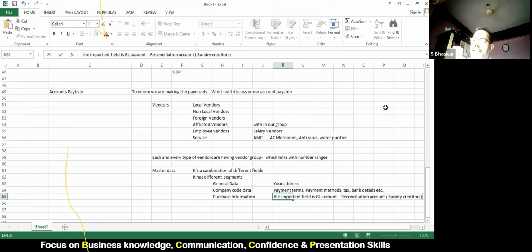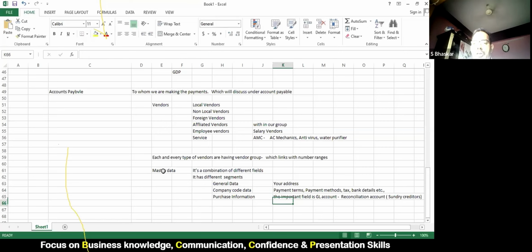Since you are giving this sundry creditors account at your vendor master, whenever you do any transactions with the specific vendor master data, the values are posted at your vendor's area, and also the values are carried forward to your general ledger accounting.